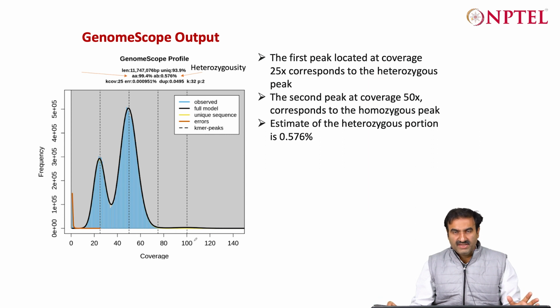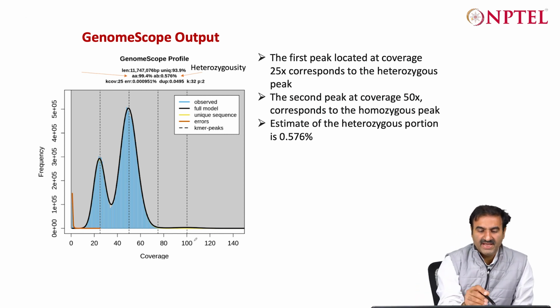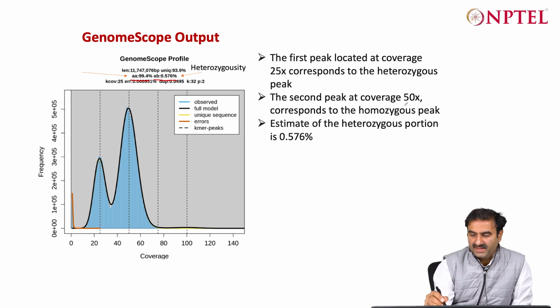So after using the K-mer profile generated from Jellyfish, which you have given as an input, it will calculate the heterozygosity of various alleles. For example, for AA it was 99.4, whereas for allele AB, which is heterozygous, it is 0.576. That means the heterozygosity can be estimated as 0.576, right?